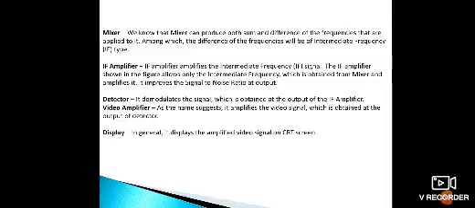The IF amplifier amplifies the intermediate frequency signals, and it only allows intermediate frequency ranges of signals, not others. Okay, and it is mainly used to improve the signal to noise ratio at our output. I have already said that in the receiver section of most communication devices, the output of the RF amplifier is connected to the next stage, and that next stage is most probably the IF amplifier.